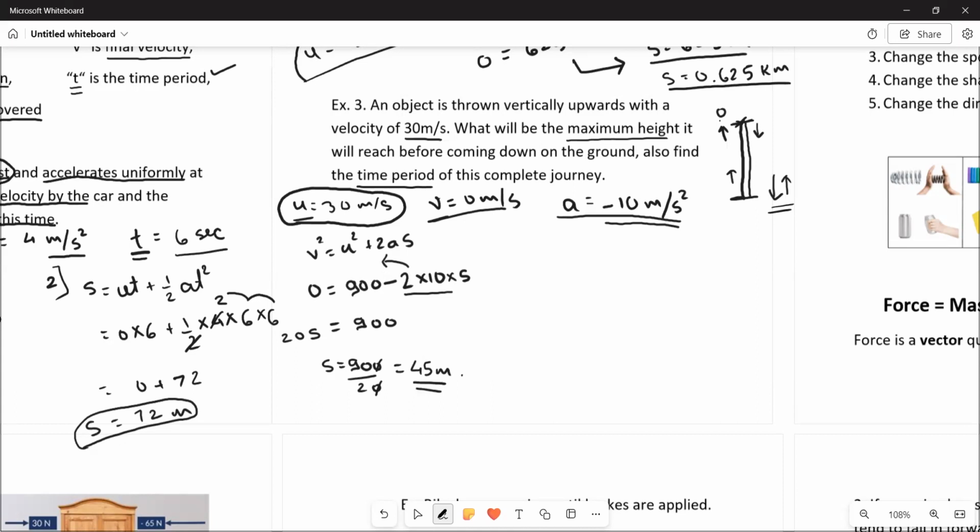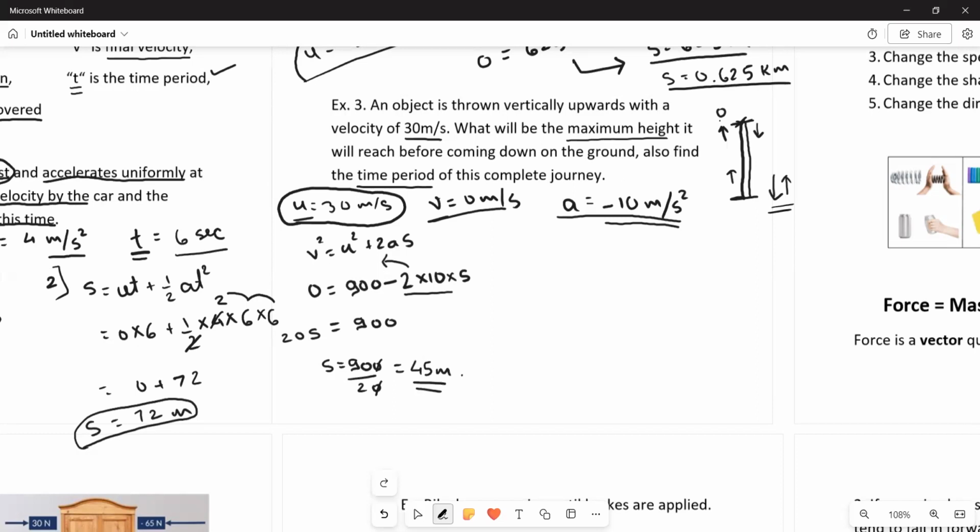As we are calculating the distance, it is always given in meters. Okay, and then we are also supposed to find the time period of this complete journey. So first we'll calculate the time period it will require to move vertically up and to reach the maximum height.